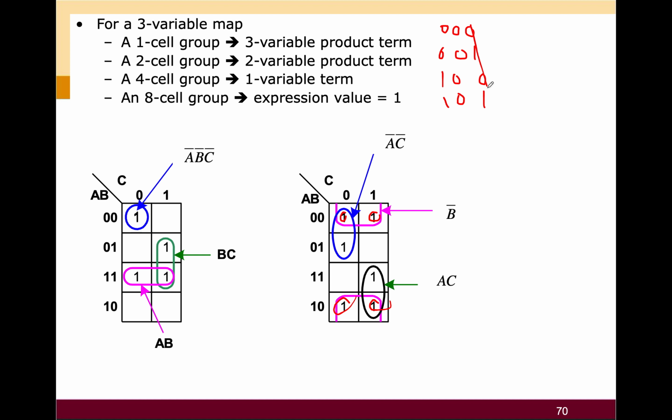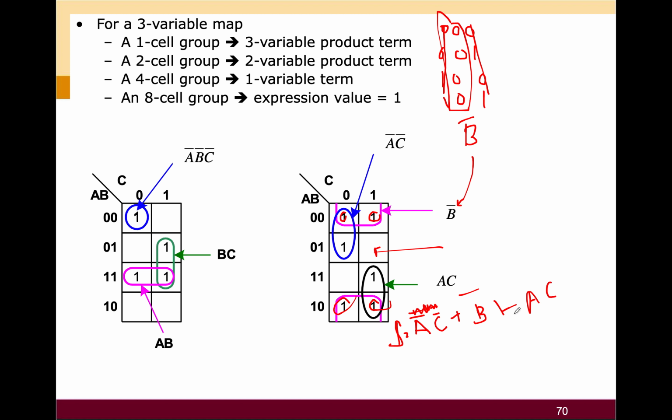So you can see this one is not fixed, this one is not fixed, this is the part that is fixed, and it is 0, which means B bar. So you get this. Your simplified Boolean expression from this KMAP, your SOP, will be A C bar, it's not continuous, it is A like this, plus B bar plus A C.